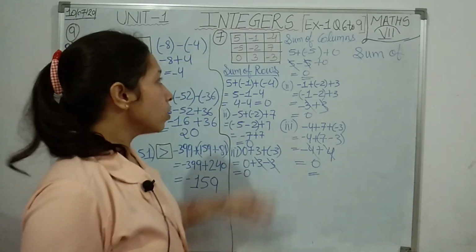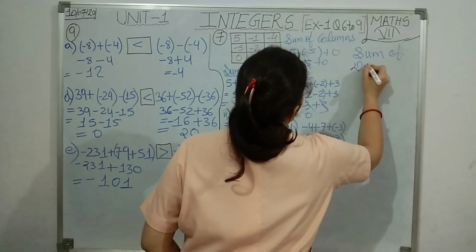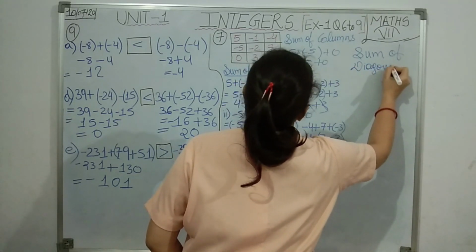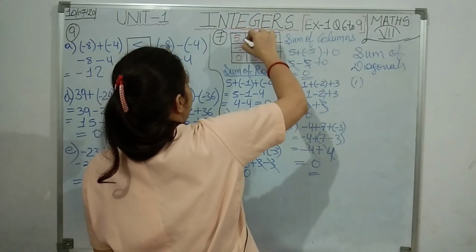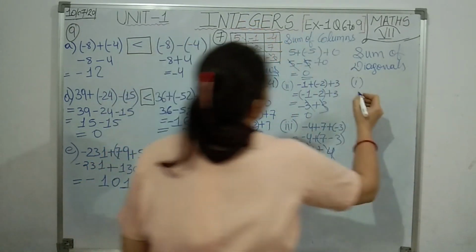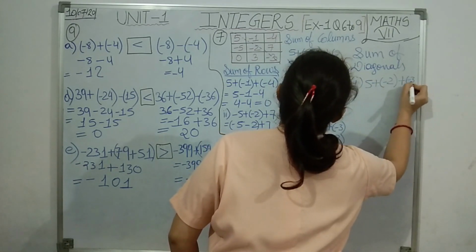Clear? Sum of rows, sum of columns and sum of diagonals now you are going to take. Sum of diagonals, first one. See, this is the first diagonal. 5 plus (−2) plus (−3).